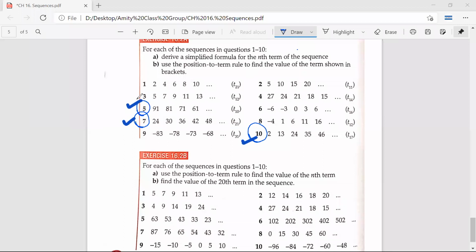Okay. Soumya ji, how do I find Tn for question number 5? Sanvi ji?